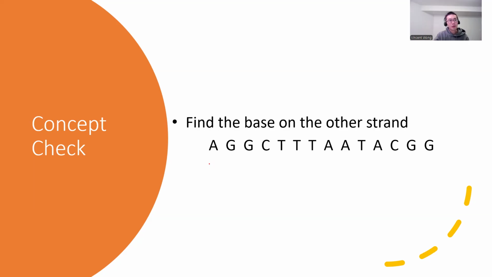A always goes with T, and G always goes with C. You just keep on using the rule to finish the rest of it. I'll give you a minute to fill that out, and then I will write out the answers, and you can compare them, okay?